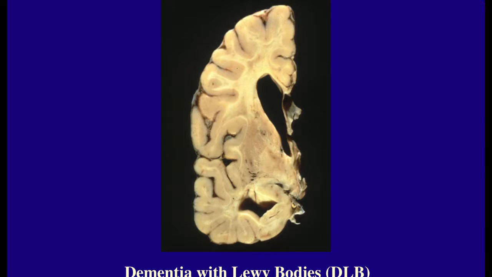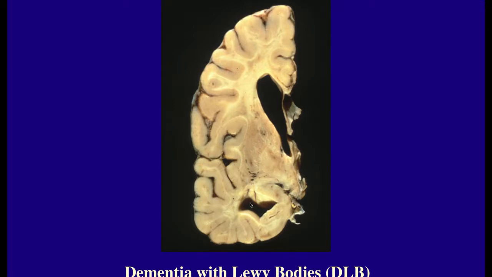The second most common cause of dementia in the population is Lewy body dementia. In these cases, the brain atrophy is typically not as severe as in cases of Alzheimer's disease, but there is usually modest atrophy, as you can see on this cross-section here, with dilatation of both the body and temporal horn of the lateral ventricle.